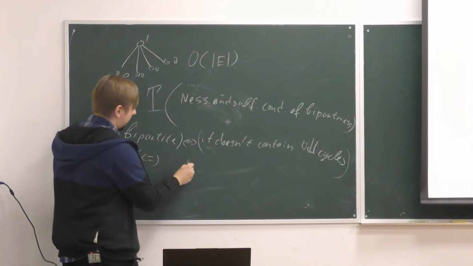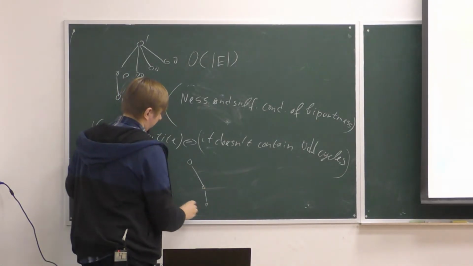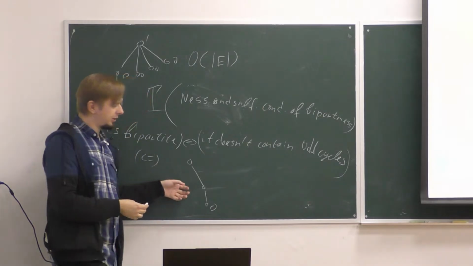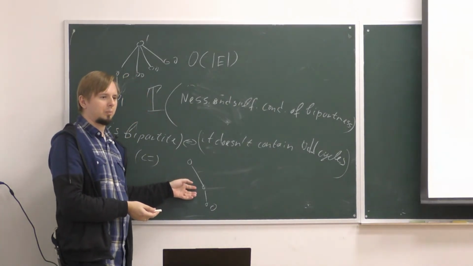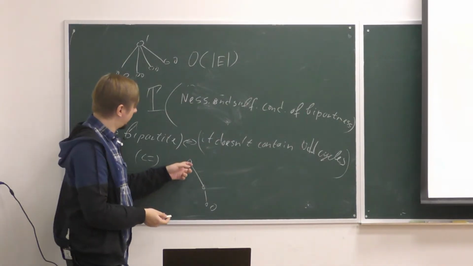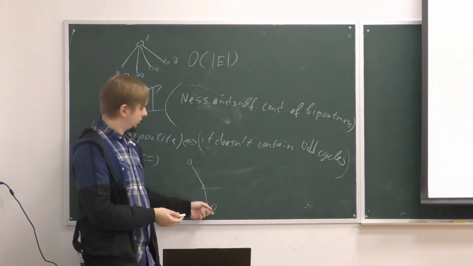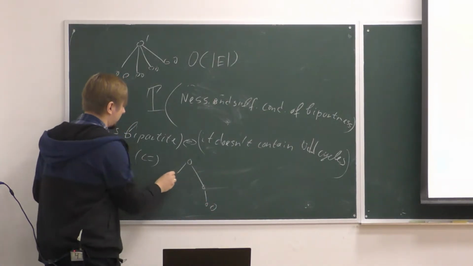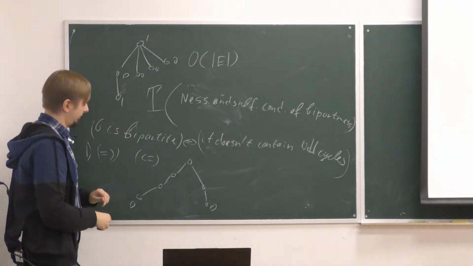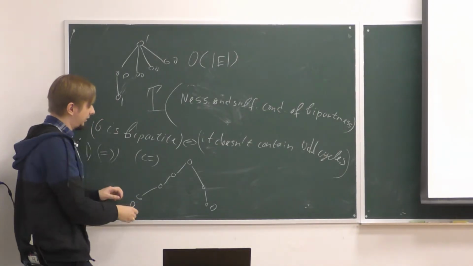Because if it doesn't, let's consider 0 somewhere here. In the tree we have just a unique path between two different vertices, so we have a unique path from the root to this vertex and to another vertex that we consider.